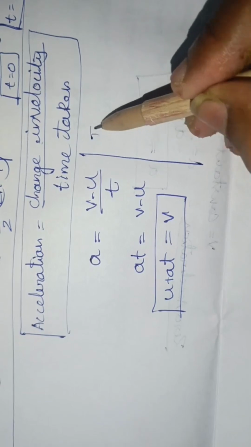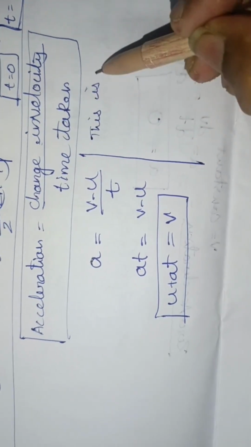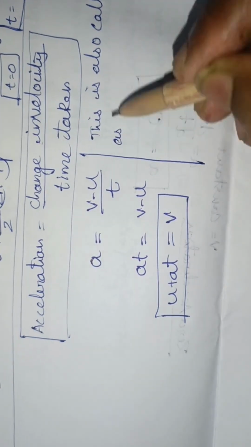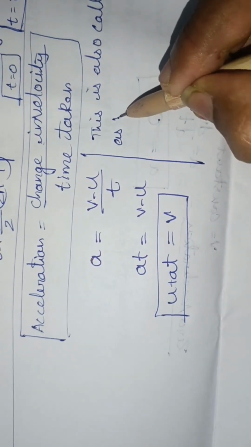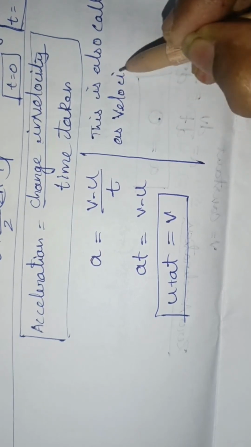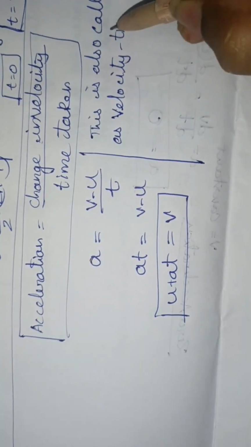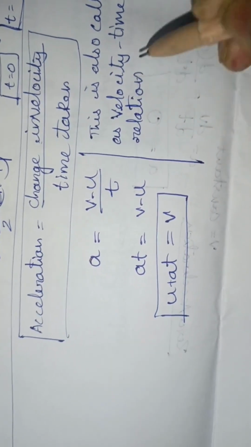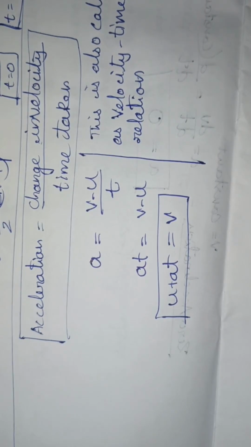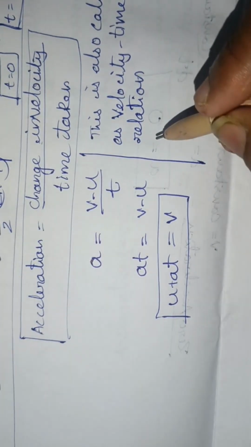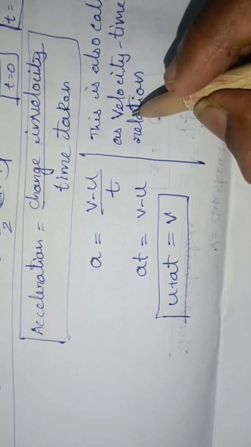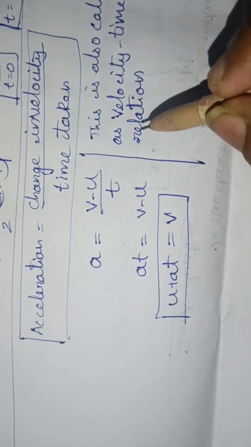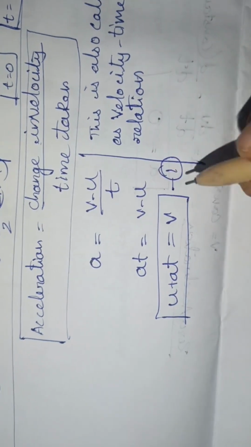This is also called the velocity time relation. I hope you will be very clear. That's all about the first equation of motion, which is also called the first part.